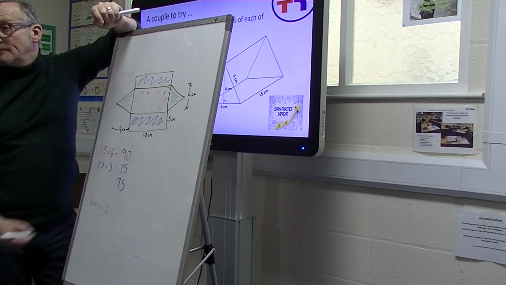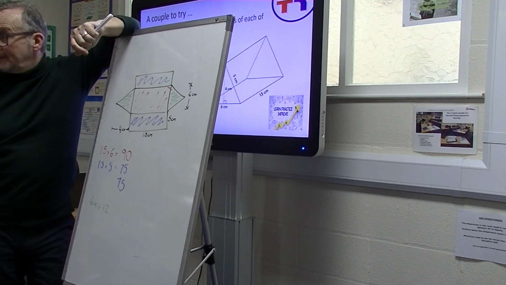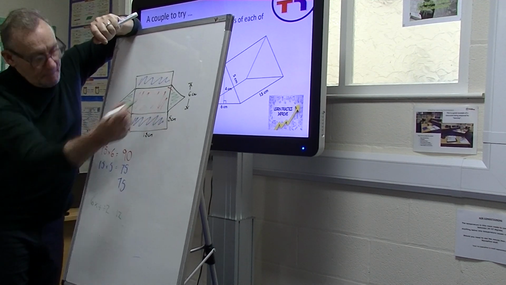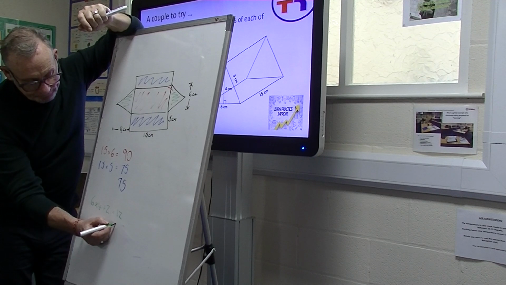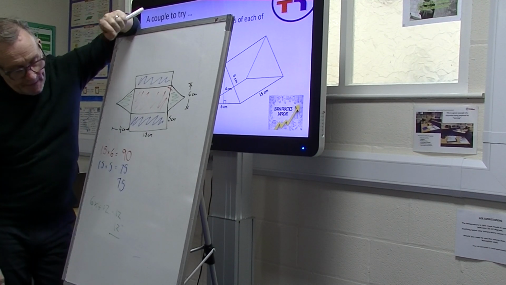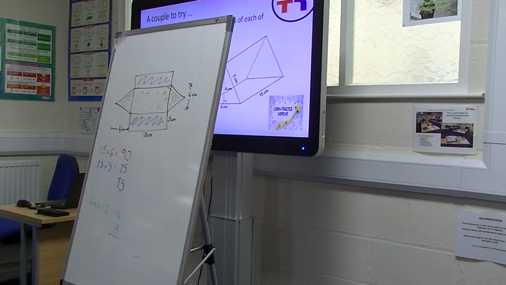So 6 4s 24 divided by 2, 12. That's one of them. There's another one. And then we just add those numbers together to give us the area of that particular shape.